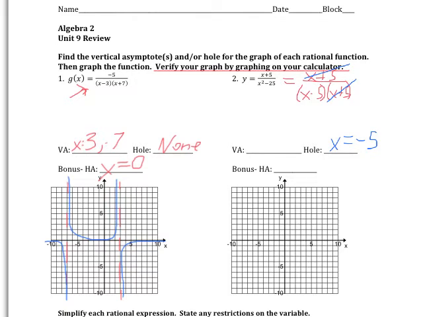Now, actually I should probably finish simplifying that. So that gives me the equation 1 over x minus 5. Because of this x minus 5, that means there's a vertical asymptote at 5, because 5 minus 5 would be 0.